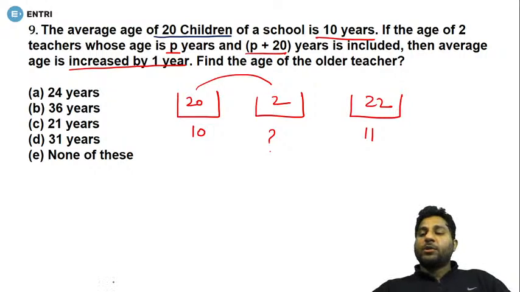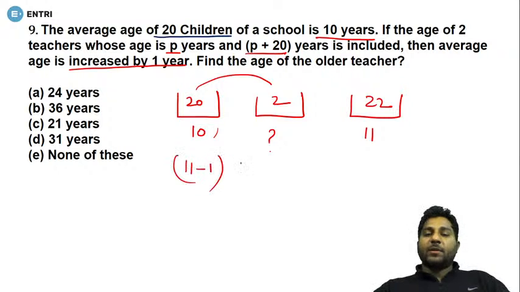Now what we could do, we can compare the value of the total and this 20, then we can find the difference of these two members, or you can say these two teachers' ages. So look at this. This 10 can be compared with 11, minus 1 with 11.